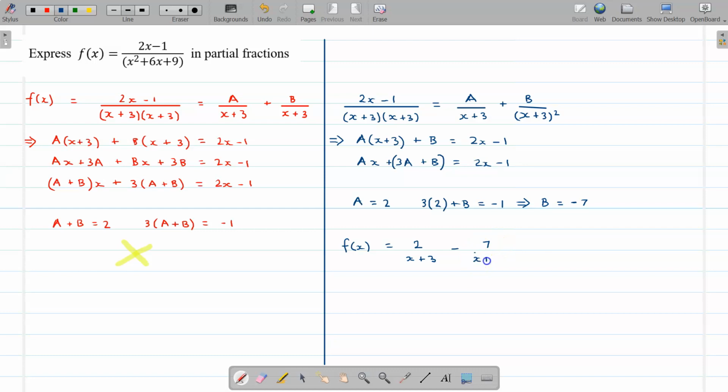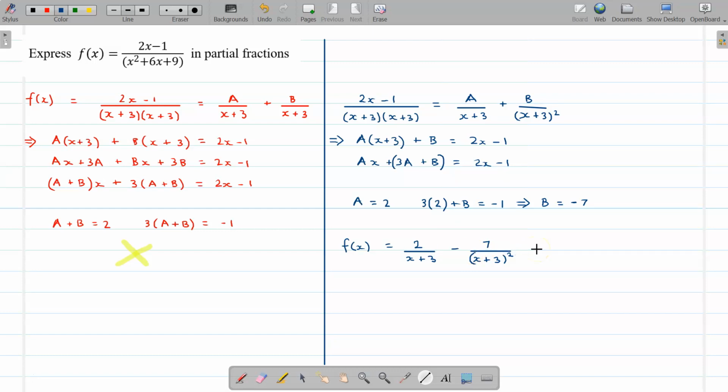Okay, x plus 3 all squared. And that is the partial fraction breakdown for our function.